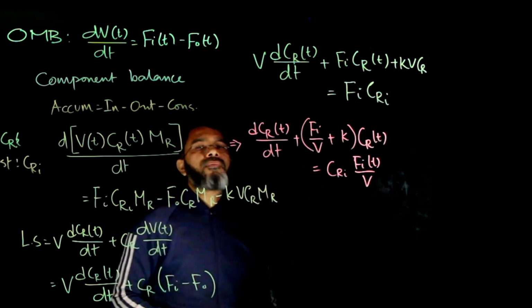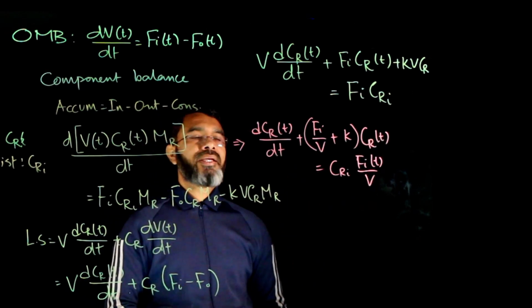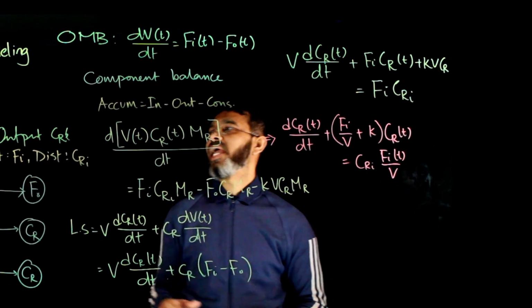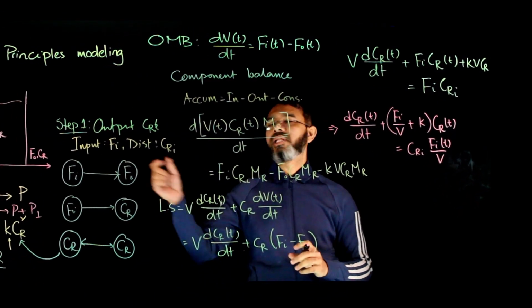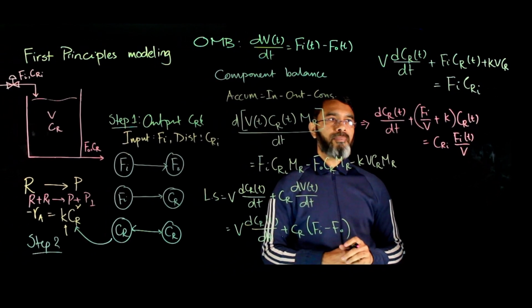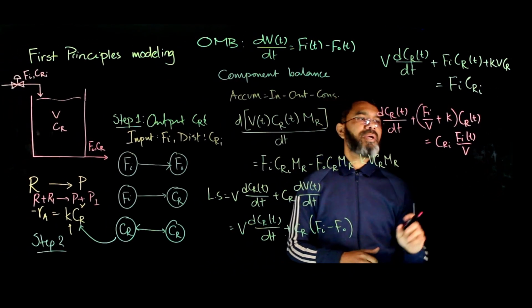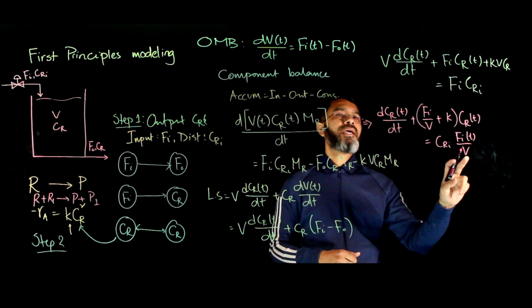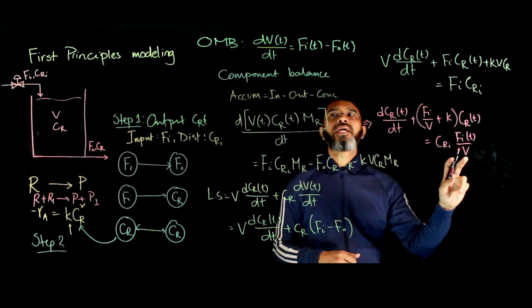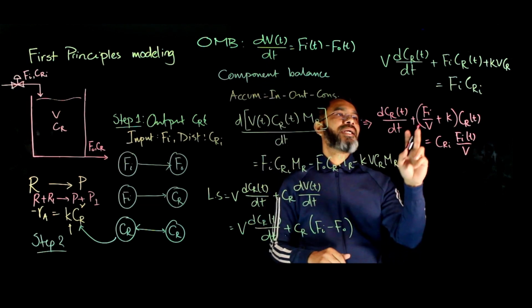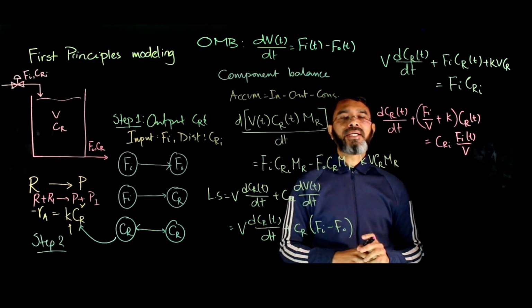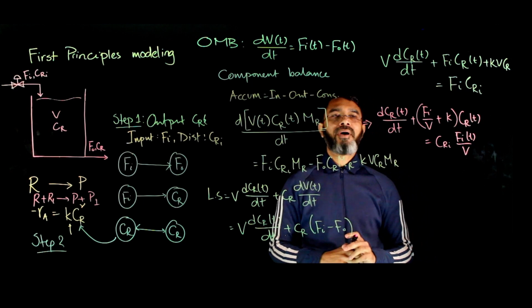Now you see that the form of the equation remains the same for both the cases, where it was constant hold-up and the case where we have variable hold-up. Now the difference between these two will be when you are considering V is no more a constant, so you'll have to simultaneously solve for V and CR when trying to find a relation between CR and Fi.